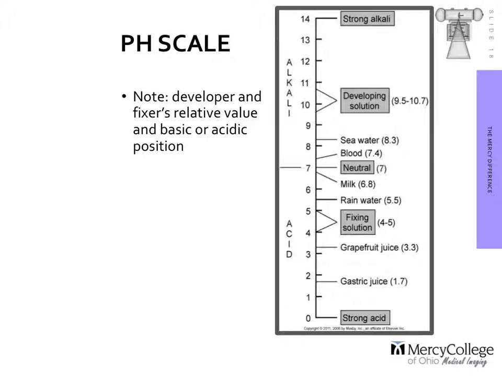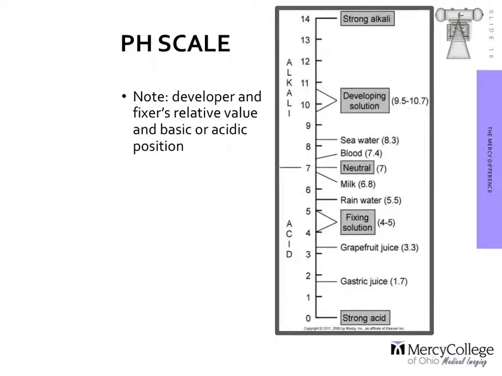If you cannot recall anything about the pH scale and understanding the differences between acids and bases, this graphic should give you a good idea. This line at 7 is considered to be neutral, so neither an acid nor a base. Anything between 0 and 7 is an acid, and anything between 7 and 14 is an alkaline. Of course, the higher the number, the stronger the alkali, which could also be called a base, and the lower the number, the stronger the acid.